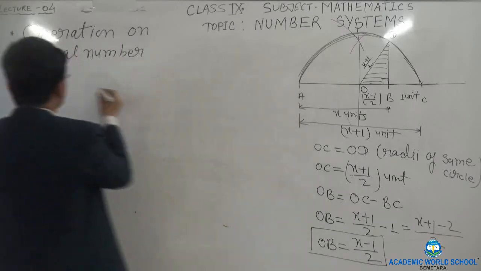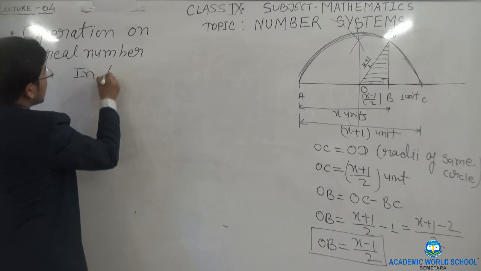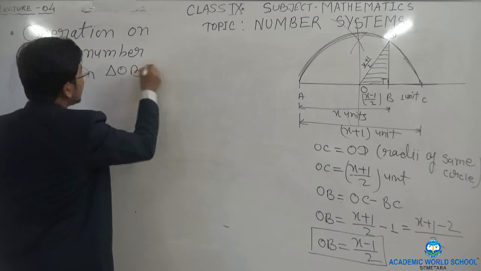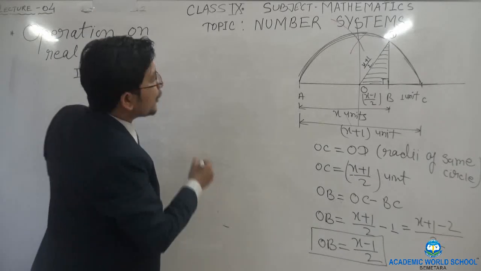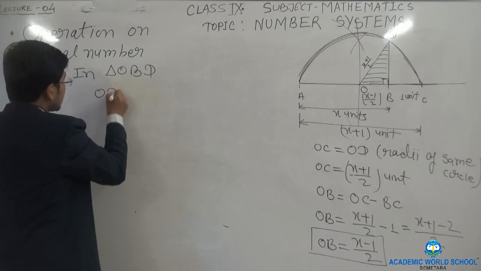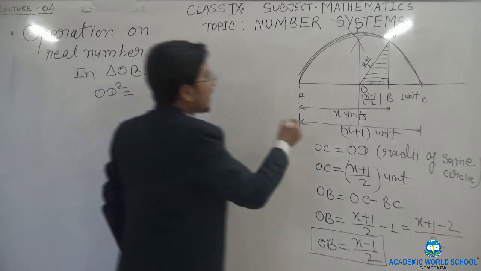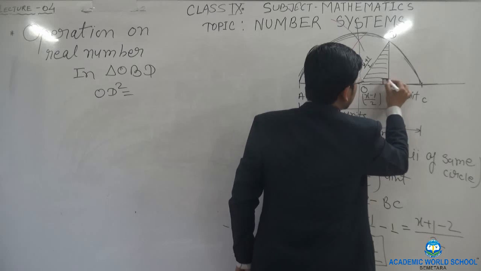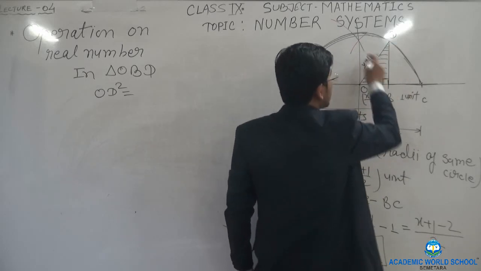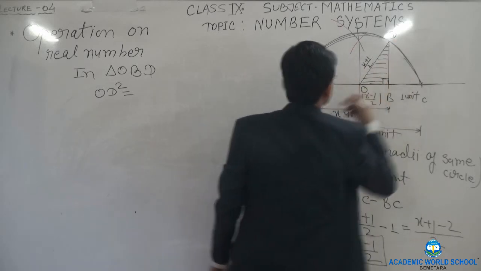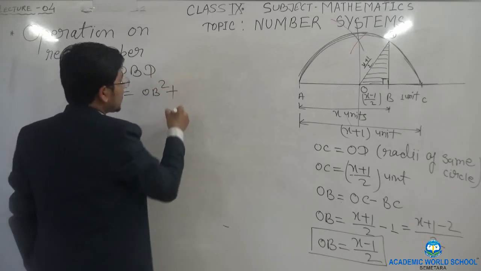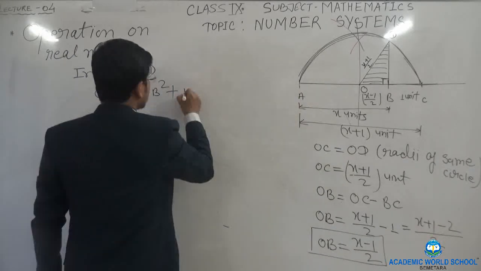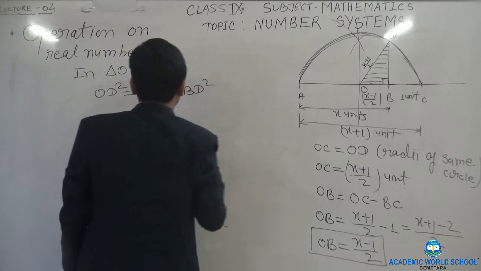In triangle OBD, OD is the hypotenuse, the side opposite the right angle. So OD square is equal to the sum of the squares of the two sides, OB square plus BD square.